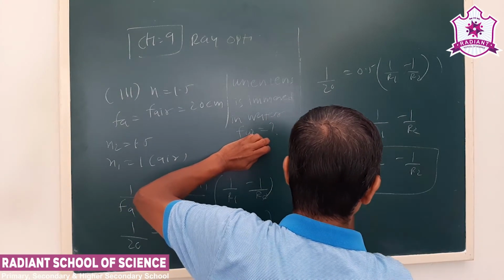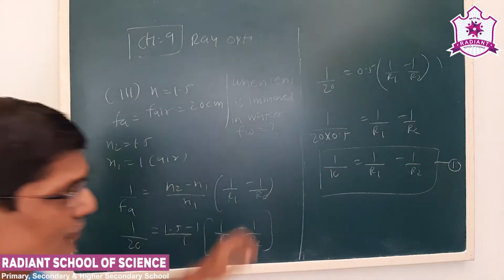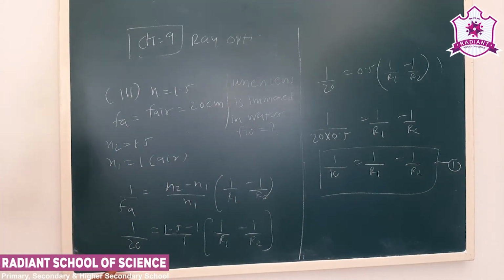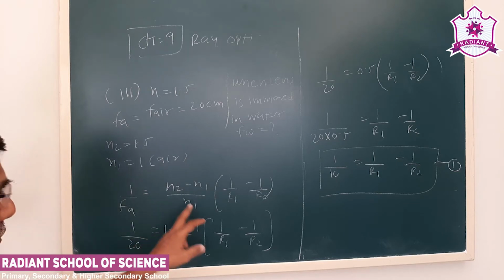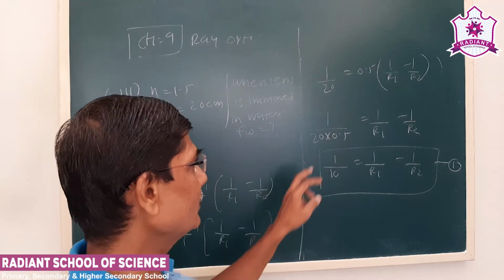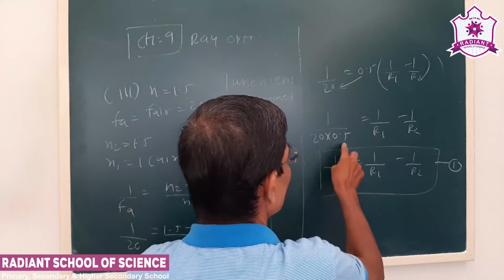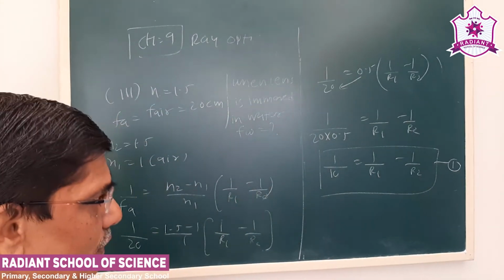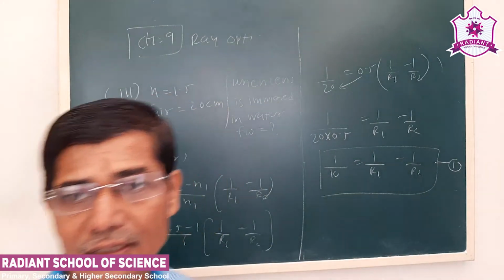Now let us say this is equation number 1. See, FA air is given 20, N2 is 1.5, N1 is 1. So this will become 0.5. We take it on the left hand side, so it will become 1 upon 10 is 1 upon R1 minus 1 upon R2.